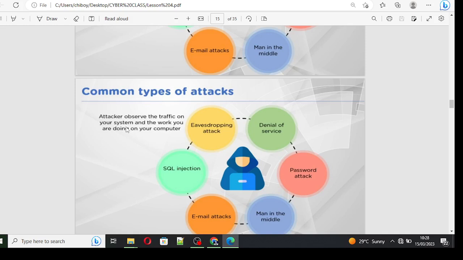The attacker observes the traffic on your system and the work you are doing on your computer. The attacker will just be there. Whatever conversation you are having, that's why sometimes you see people calling your password, penetrating into your account. They've sent an SQL injection that is kind of eavesdropping on what is happening.